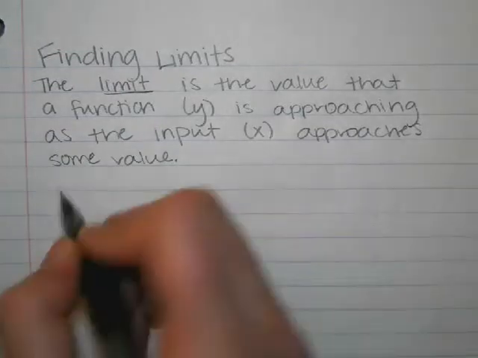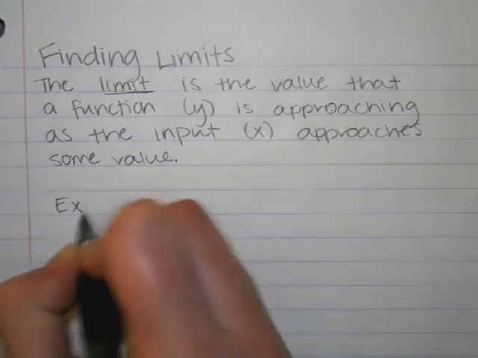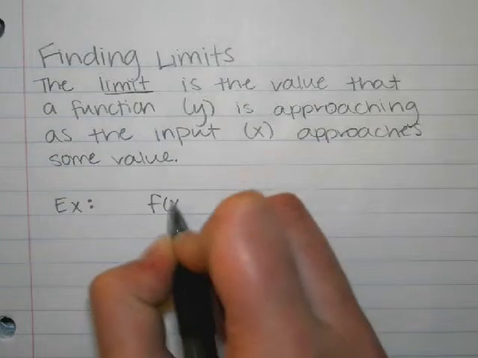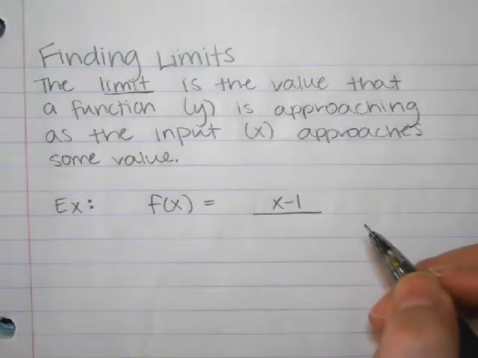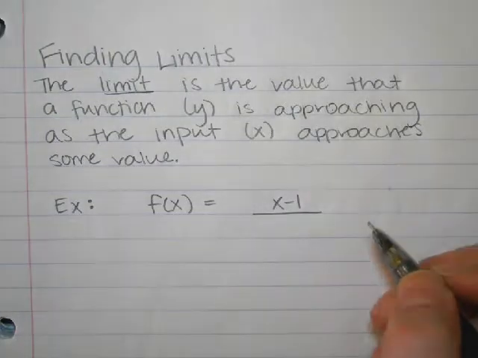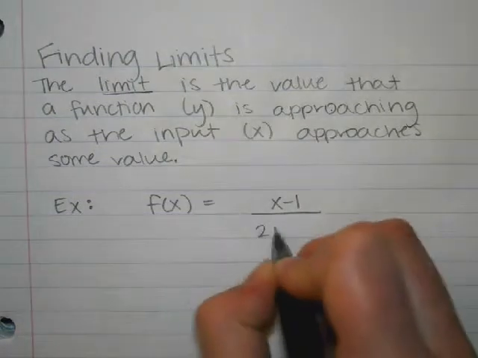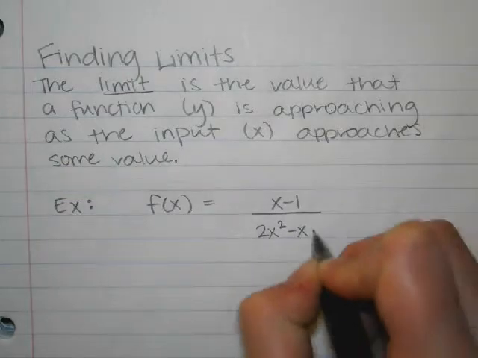All right, here is our example. We're going to look at f of x equals x minus 1 over 2x squared minus x minus 1.